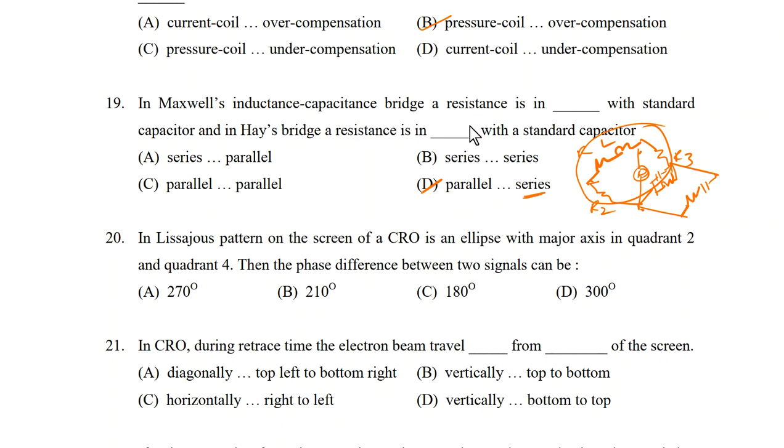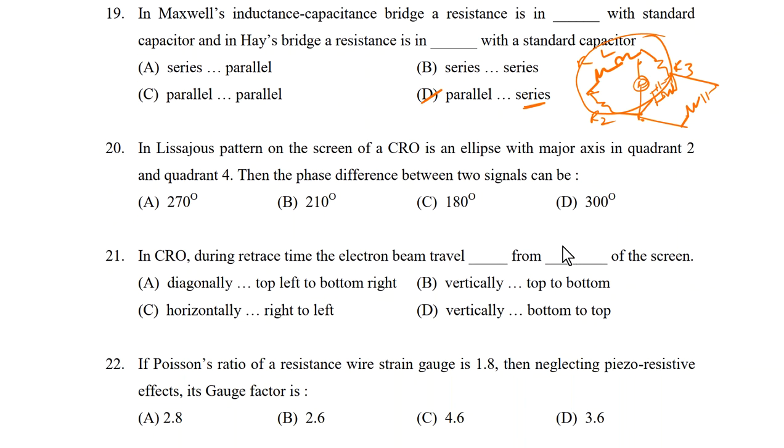Next question. The resistance pattern on the screen of a CRO with a major axis in quadrant 2 and quadrant 4, the phase difference between the two signals is. When it is in quadrants 2 and 4 like this, it is an ellipse, and the phase difference between the two signals will be either 210 degrees or 150 degrees.